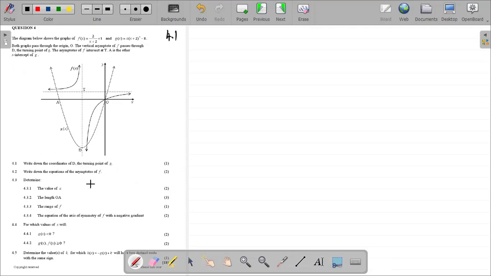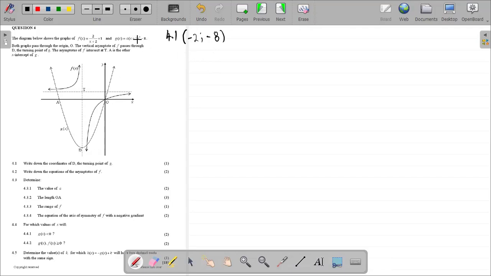So, what are the coordinates of D? We get them from the graph here. F is this and g is this. So the coordinates of the turning point, 4.1, are going to be -2 and -8.